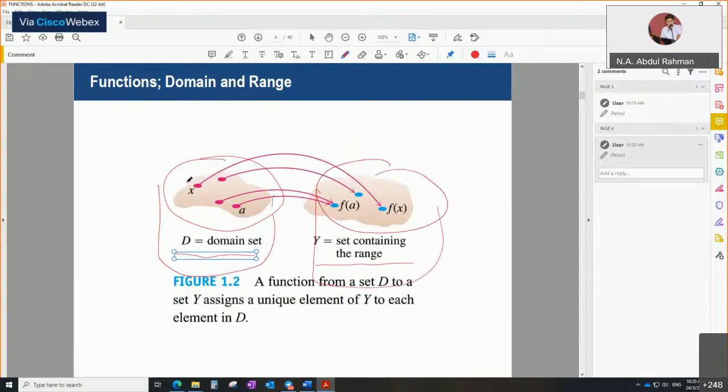Let's say you have a number of balls here. You can see the pink circles here as balls. So for every ball that we have in this bucket D, it can be mapped to another number, another ball, the blue balls inside the bucket Y.